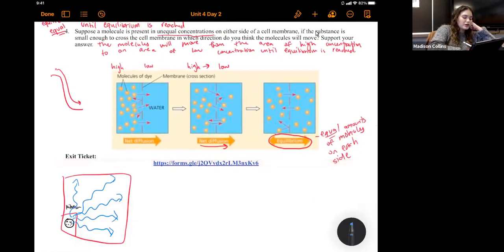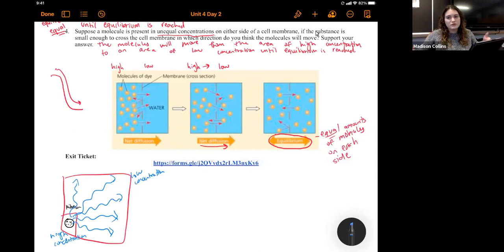So those molecules are going from an area of high concentration. So you've got a ton of cookie fumes in your kitchen, and they're going to travel to areas of low concentration. So originally your bedroom didn't smell like cookies, or your living room didn't smell like cookies, but after a while it's going to, because those molecules have spread out across the entire apartment.